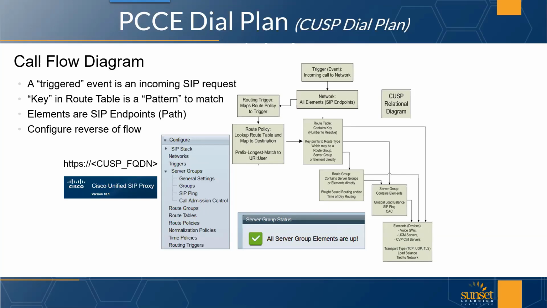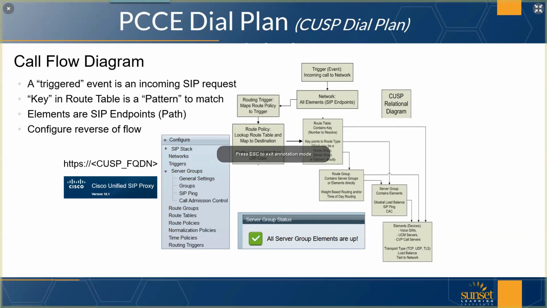Okay, and whenever you get that power coming into the event, it requires you to be careful with the configurations. And this is, I guess, a high-level view of the call flow. You would configure these things in reverse of the flow, but a dialed number comes in called a trigger, and that will map to a route policy table.